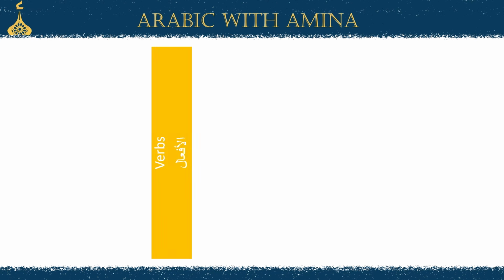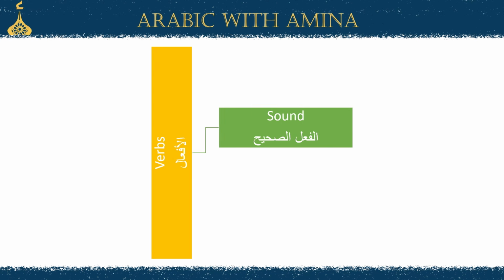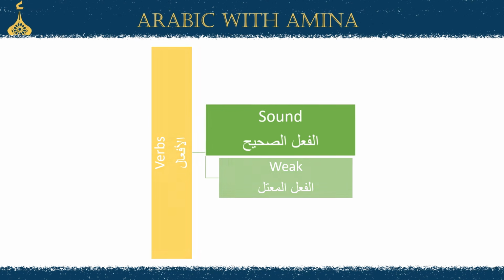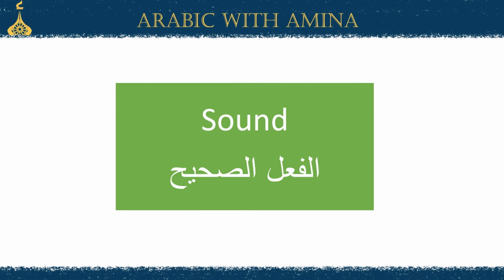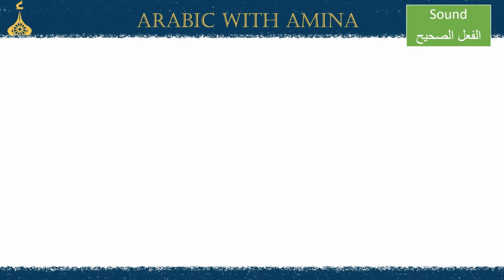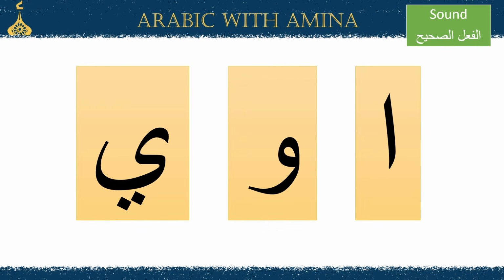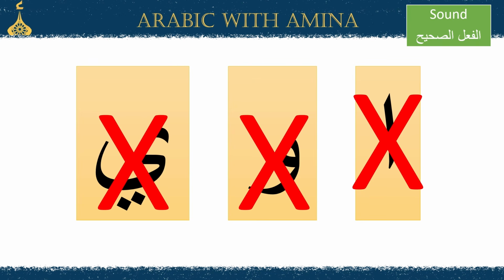Because of حروف العلة, Arabic verbs are divided into 2 categories. We have sound verbs, الفعل الصحيح, and weak verbs, الفعل المعتل. الفعل الصحيح. A sound verb is one whose root does not contain any of the 3 weak letters. That means it does not have alif, waw, or ya in its base form of the verb.